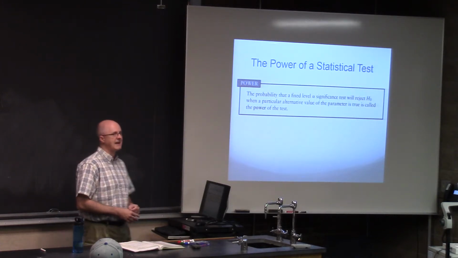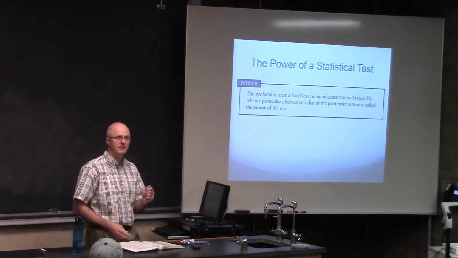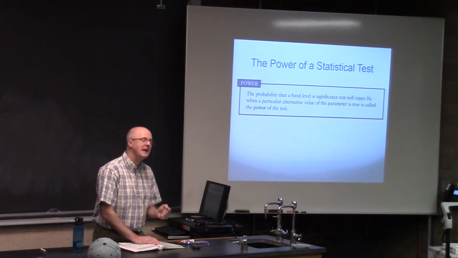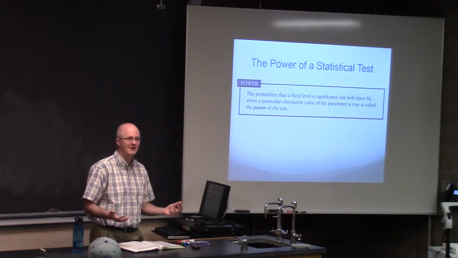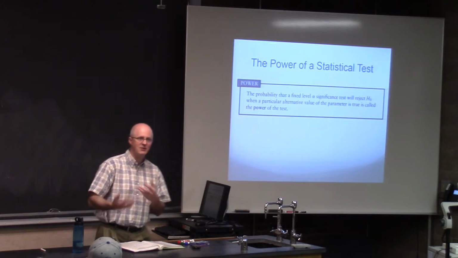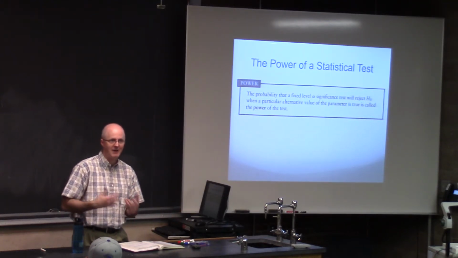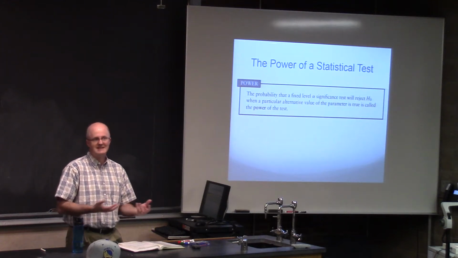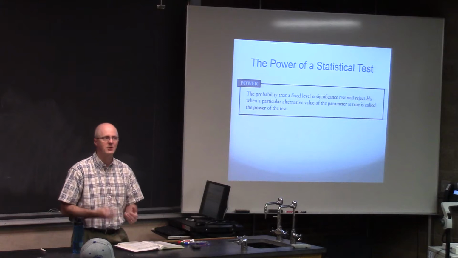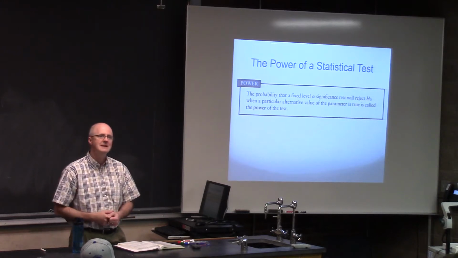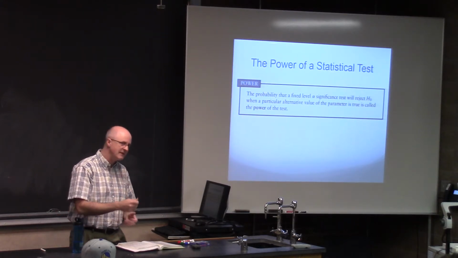The power in that case, though, is the probability of doing something correct. Being able to do what you often want to do. You often want to reject the null. That's in the back of your mind. The alternative hypothesis is your pet theory. That's not always the situation, but it commonly is that you are like the prosecuting attorney. You want to convict that person. You want to show they're guilty because you think they're guilty.